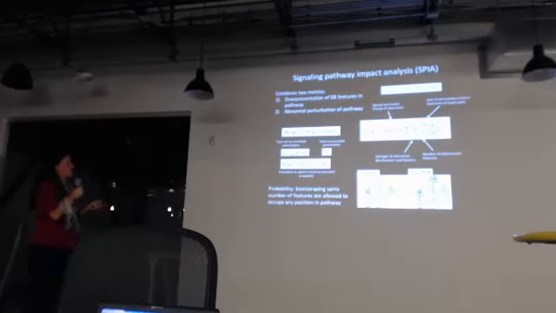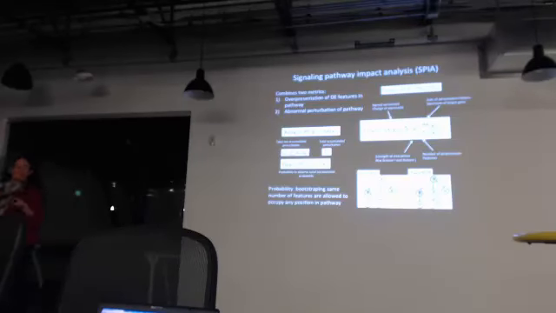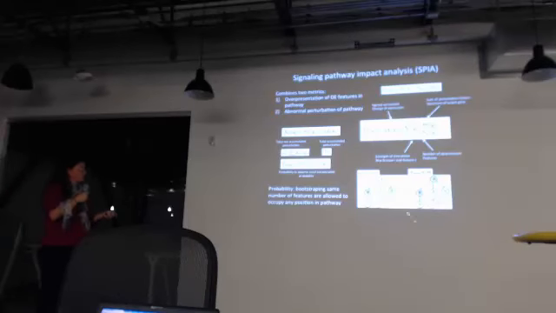So this is actually getting into the signaling pathway impact analysis, which is a type of pathway topology method. So here we're looking at, for example, two different pathway perturbations.